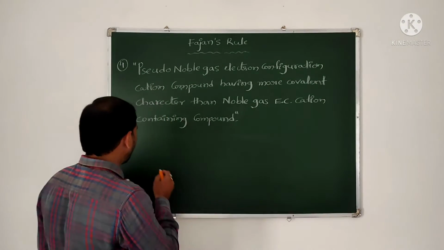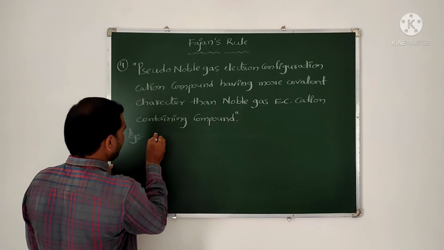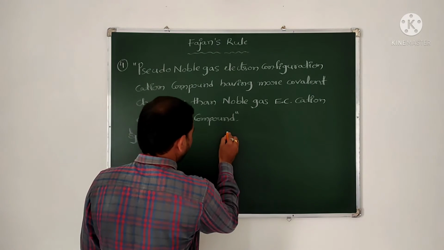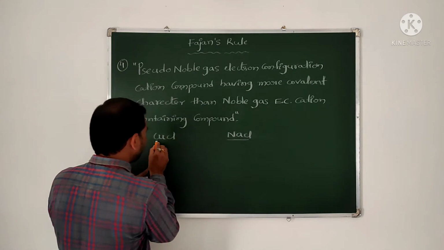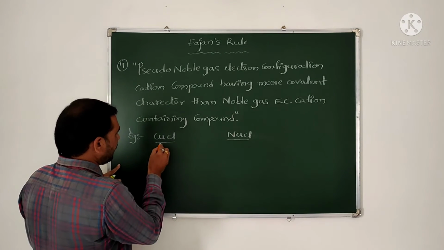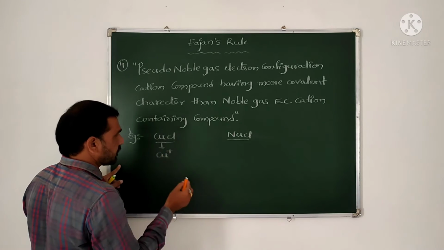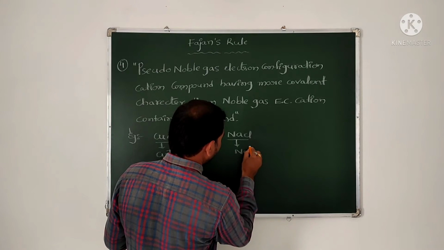If you see one example, CuCl, cuprous chloride, and NaCl, sodium chloride. In CuCl, the cation is Cu plus. In NaCl, the cation is Na plus.